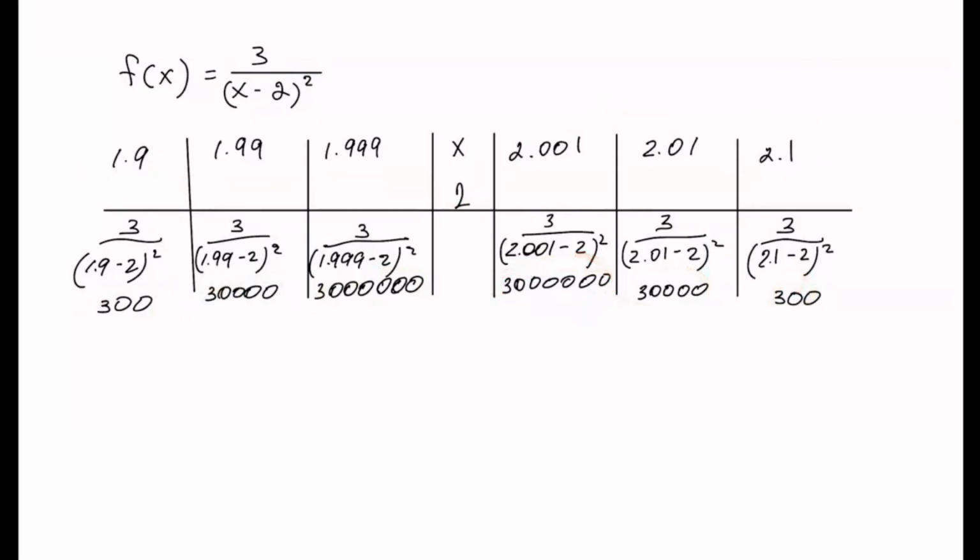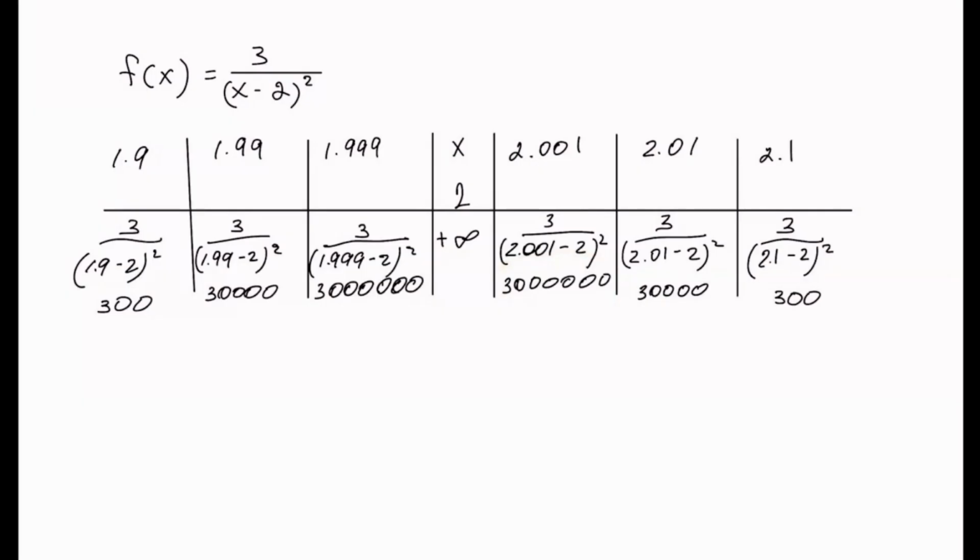And if we move even closer, let's say we choose a value like 2.0001, it will be an even bigger number in magnitude with a positive sign. So we can say that we're approaching, from the left or from the right, an enormously large value. As you can see, they're not approaching any finite number. This is what we call infinite limits. From both sides, we're approaching positive infinity.